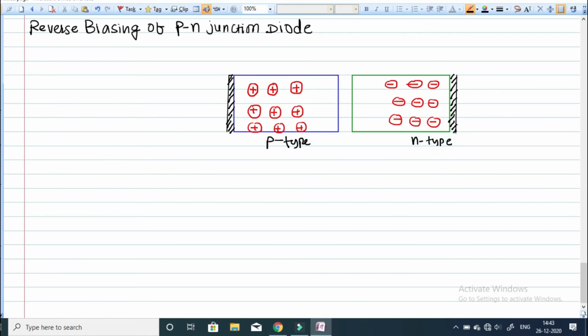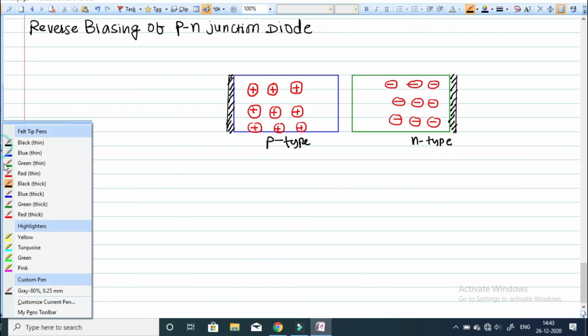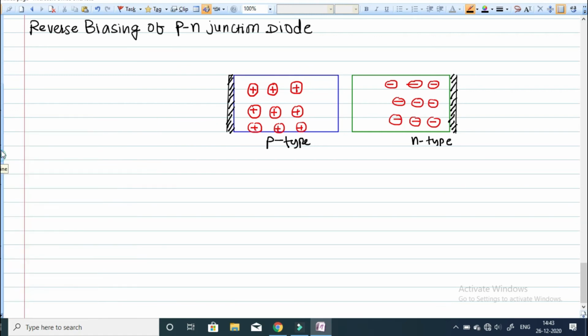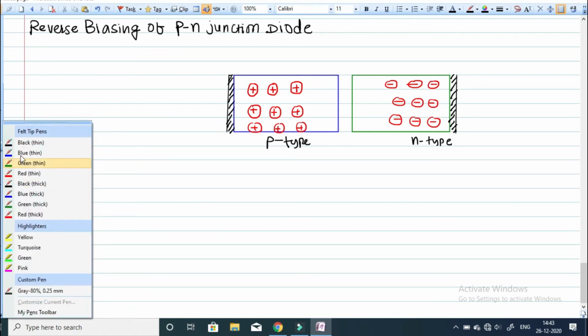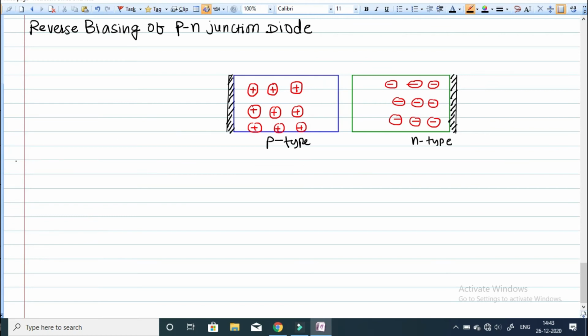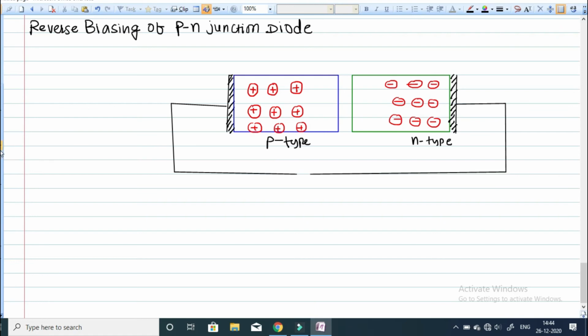Now we are connecting them with an external battery. This p-type is connected with the negative terminal of the battery, and this n-type is connected with the positive terminal of the battery.